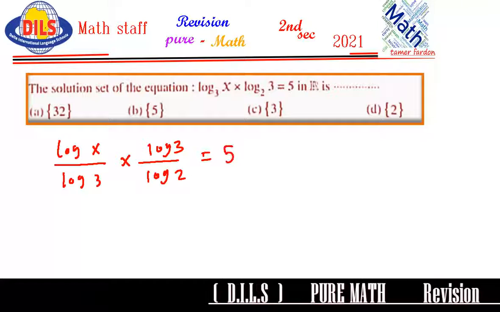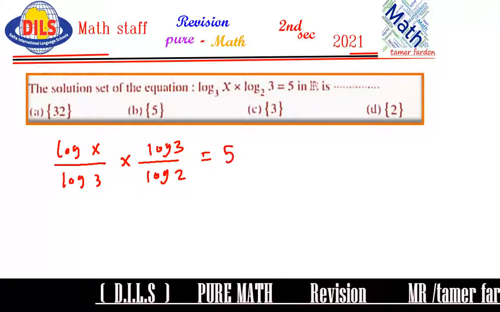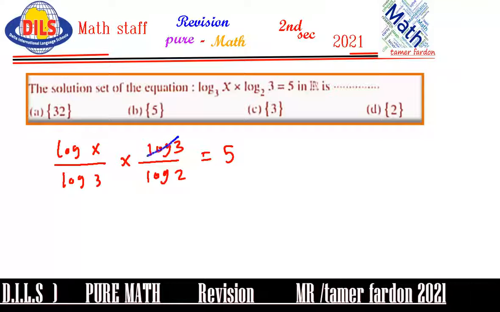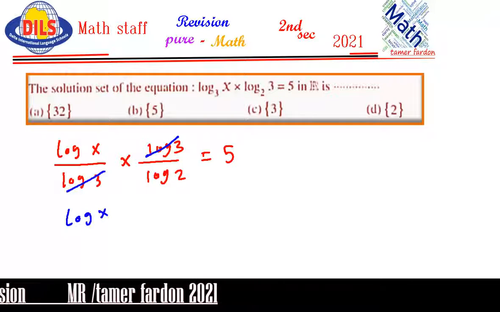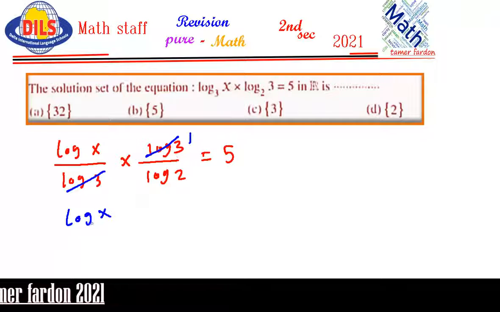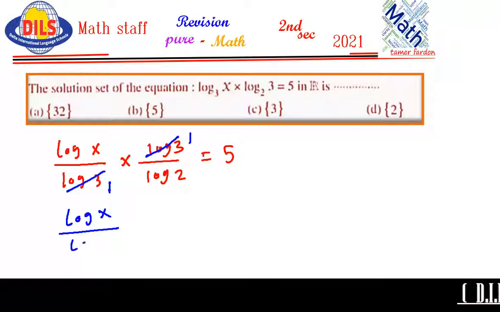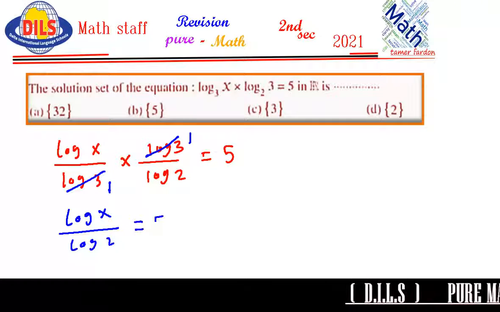This equals 5. Remove log 3 up and down, we get log x over log 2 equals 5.